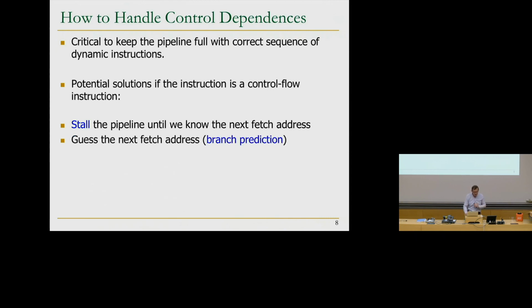Or you can guess the next fetch address, which is the subject of this lecture. You can employ delayed branching. I'm not going to talk about that as much, but you can change the semantics of the instruction in the instruction set architecture. You can say, for example, okay, I have this branch, but I'm going to modify the semantics such that this branch is going to take effect after the next n instructions after it are executed.